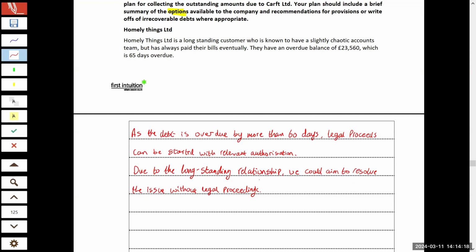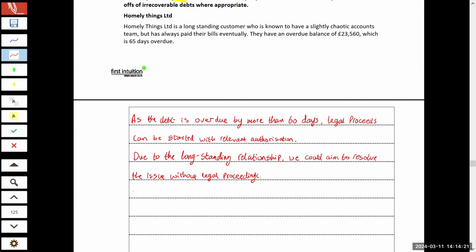A final option we could sort of say is to make a provision due to the age, obviously the amount of the debt, provision for the balance can also be made. And I'd say there's enough options there.